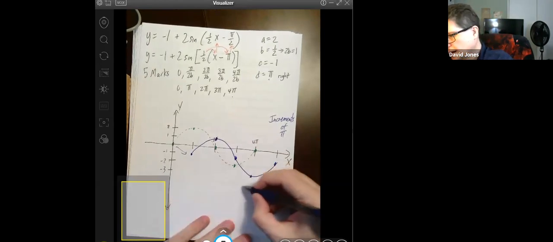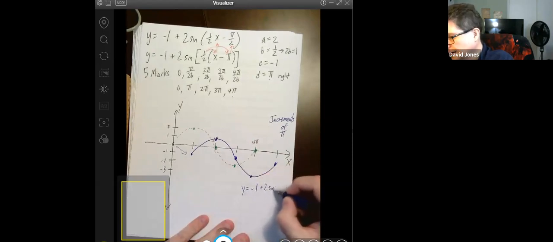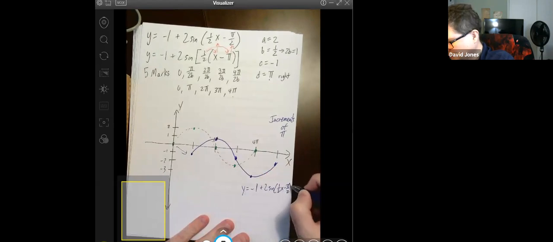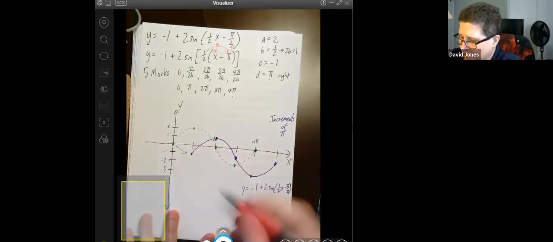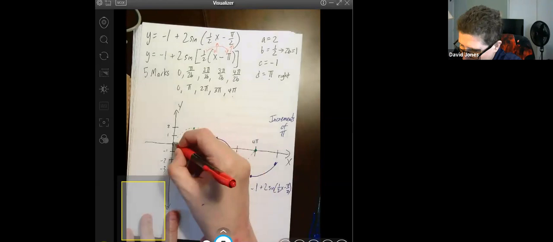So this is y equals -1 plus 2 sine of (1/2 x minus pi over 2), as opposed to the very base graph of sine, which is this.